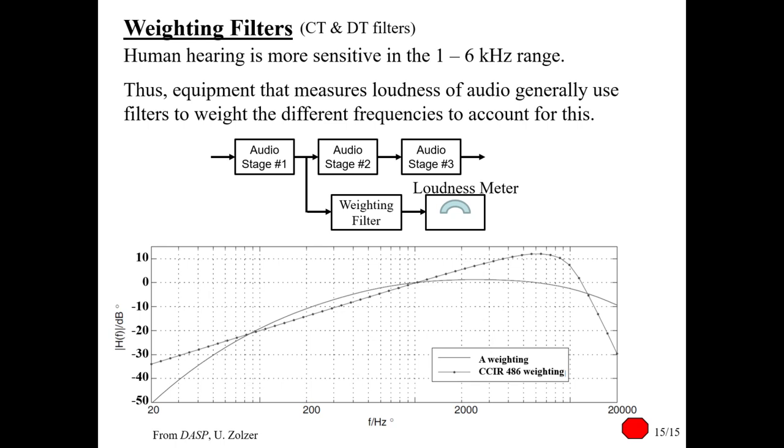We've seen various ways of characterizing filters that are going to be used in audio. We will revisit a lot of these things, particularly those peak filters and shelf filters. We'll see how to build those. But low pass, high pass, and band pass filters, we're going to see how to build those in discrete time. But before we do that, we're going to have to take a look at what is available in continuous time.